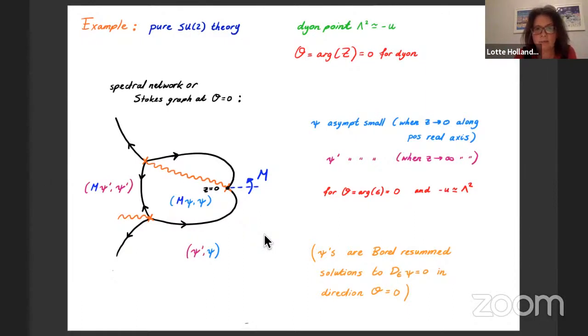If we want to compute this superpotential near the Dion point, then the special phase is given by the argument of the central charge for the Dion.